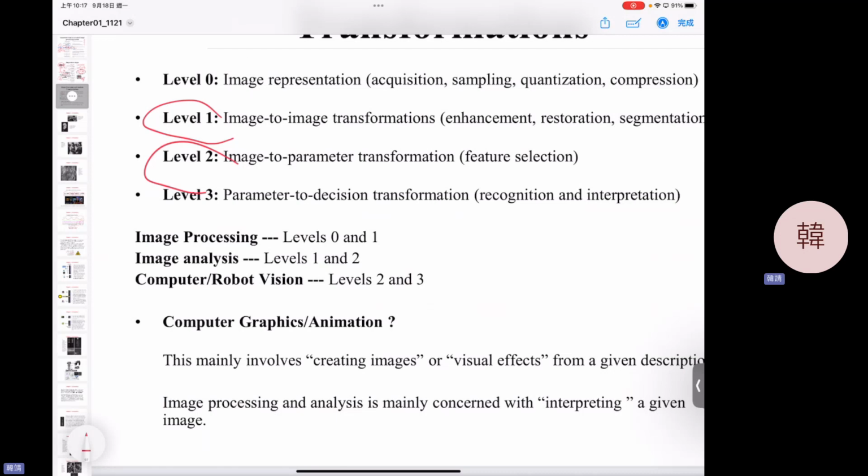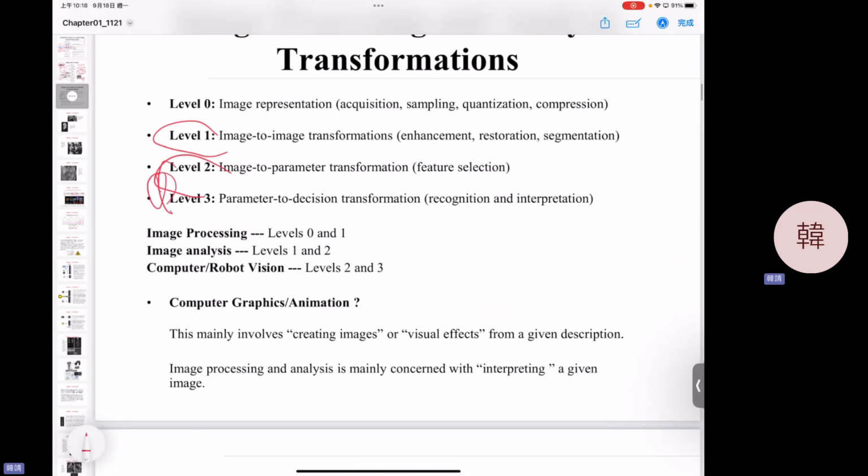So it's not an image element. You input an image, but your output is some numerical feature, maybe how many vertical lines, how many horizontal lines, what's the textural pattern, what's the density. This is for computer vision applications. This is for image processing. So this course will focus on the first two levels and teach you how to do some image operations in the spatial domain and the frequency domain, but it's all image to image transformation.